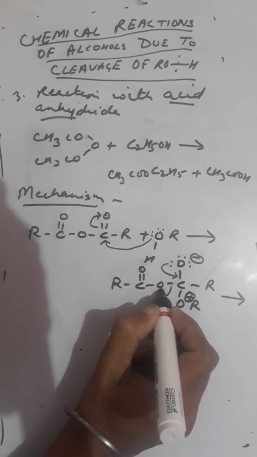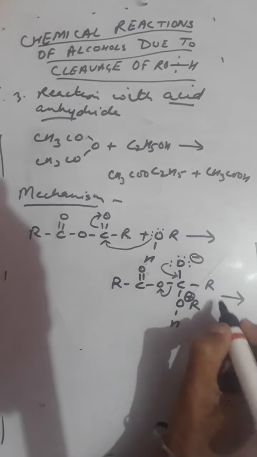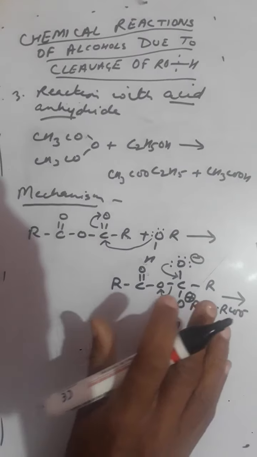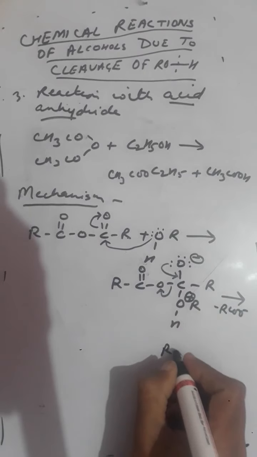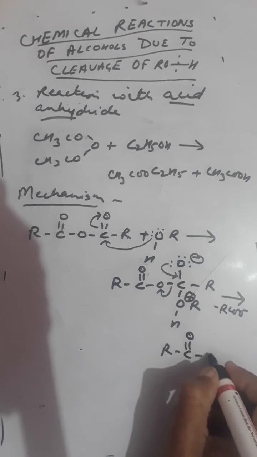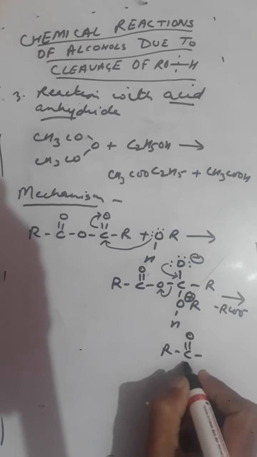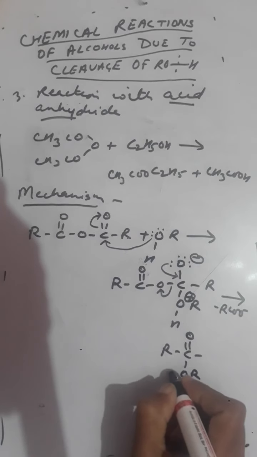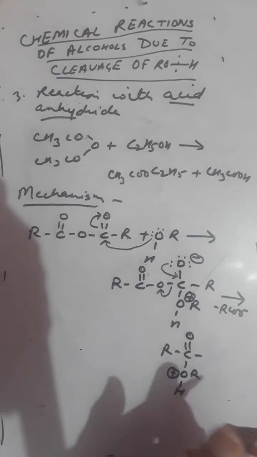When this is broken, we get RCOO negative, which is liberated, and now we get RC=O and ORH, with this oxygen carrying a positive charge.